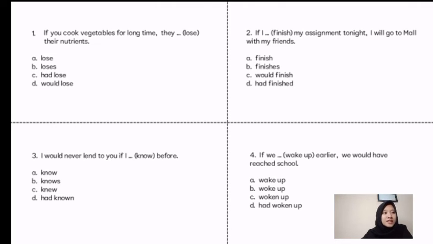I will never lend to you if I blah blah blah before. Have you found the answer? Okay, the answer is C, new. Why? Because here the main clause is I would never lend. Would plus verb one.